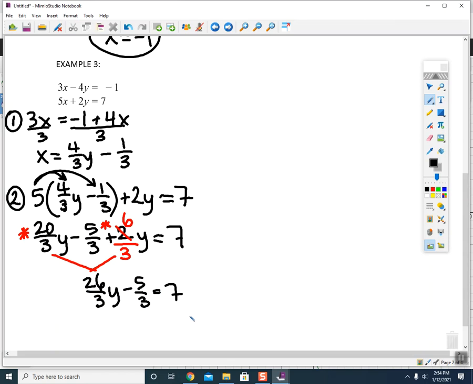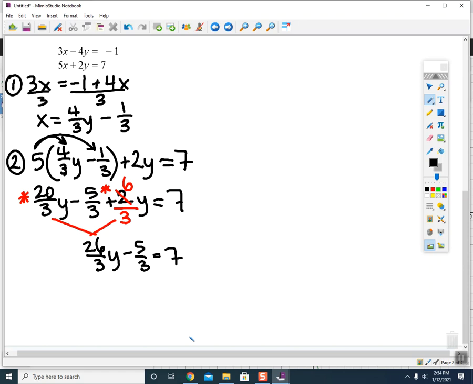Okay? Now I need to do a similar thing here. So I'm going to add 5/3 to both sides. I need to do the same thing with my 7. So 7/3 is not going to work. It needs to be 21/3.